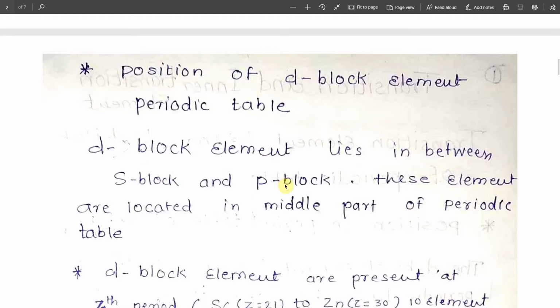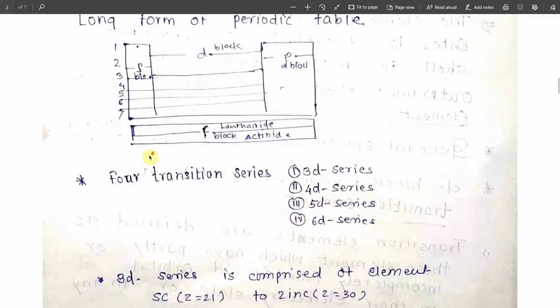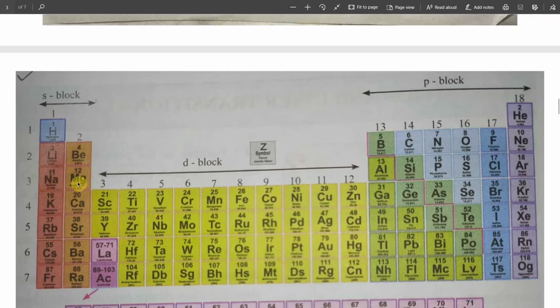So what is the position of D block elements? We have to know exactly the position of D block elements. We observe that they lie in between the S block and the P block. These elements are located in the middle part of the periodic table.